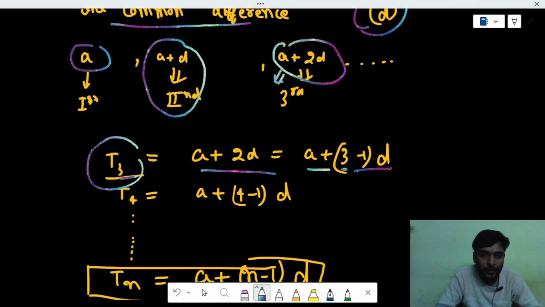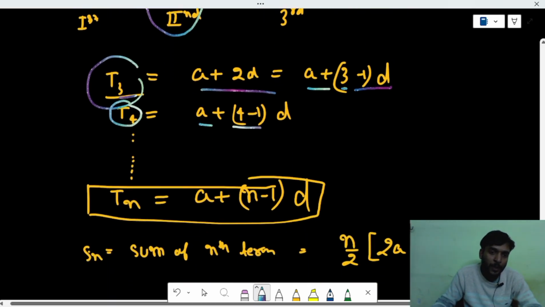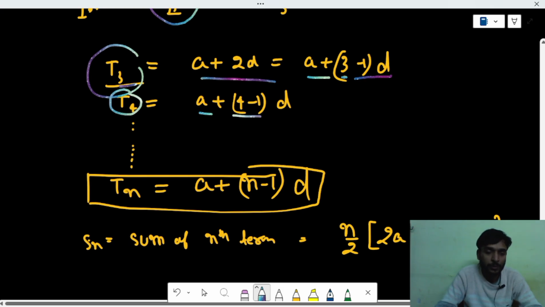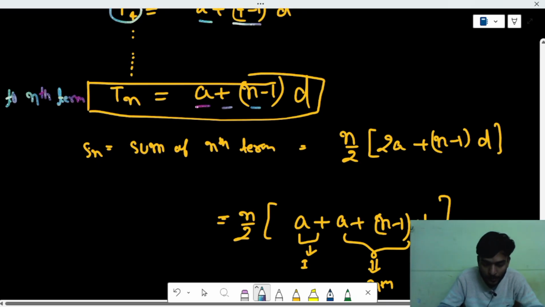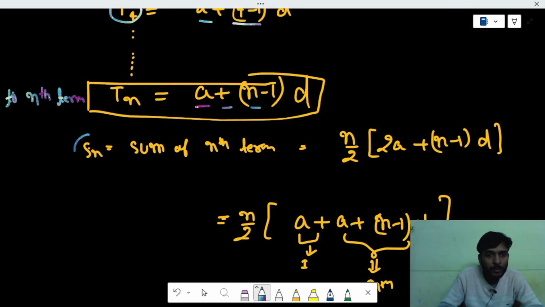Similarly, T4 equals a plus (4 minus 1) into d, and so on, and Tn equals a plus (n minus 1) into d. This is the formula to find the nth term. Now we find the sum of n terms, which is denoted by Sn.